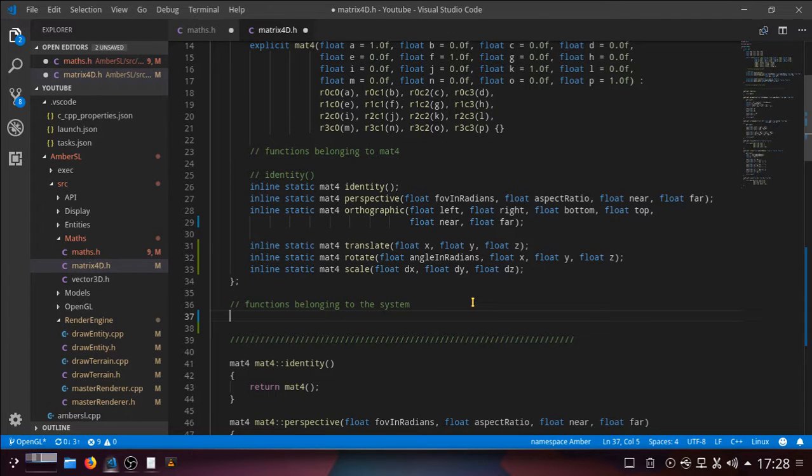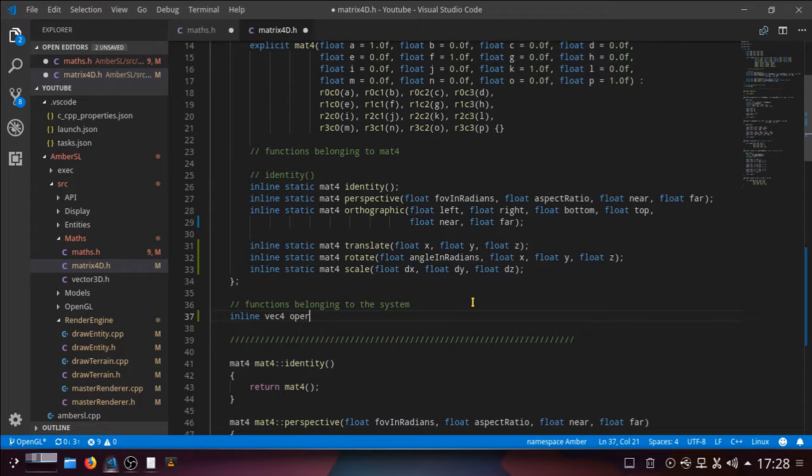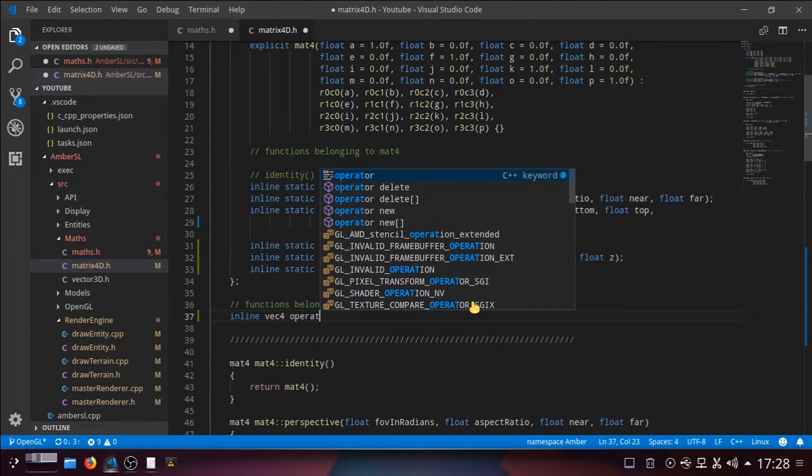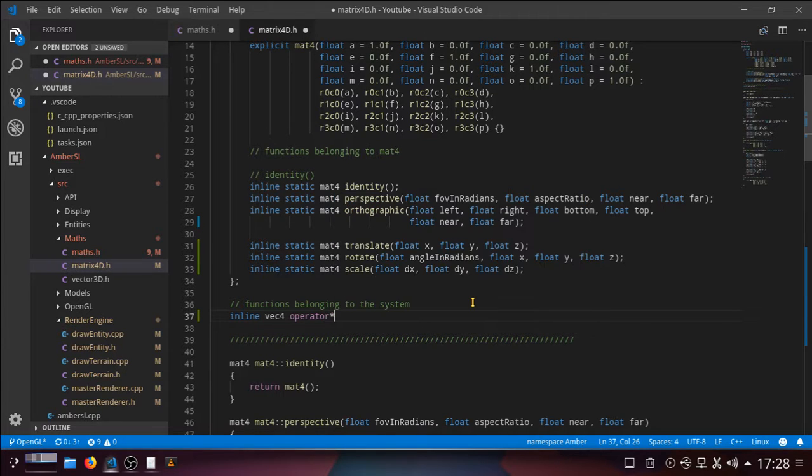So we are going to need an inline. I'm going to do both. I'm going to do the vec4 one first, because they're both very, very useful operators to have. Multiplications, for instance, and it's going to be the times operator.